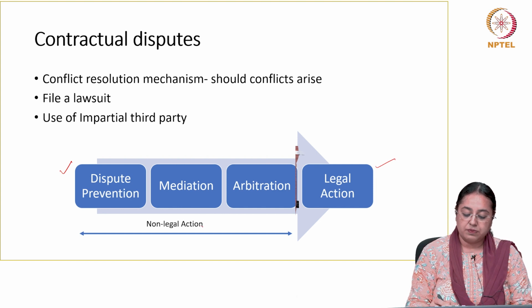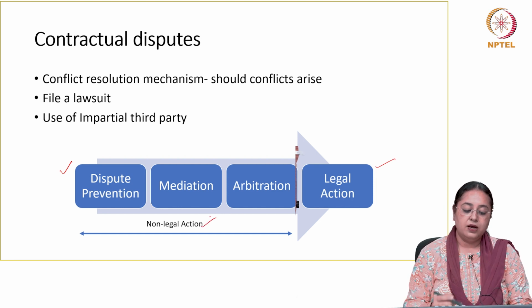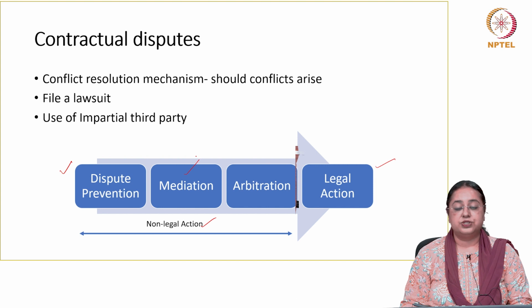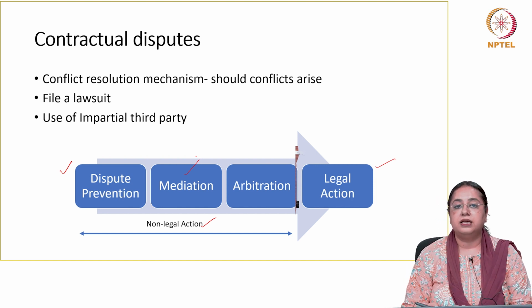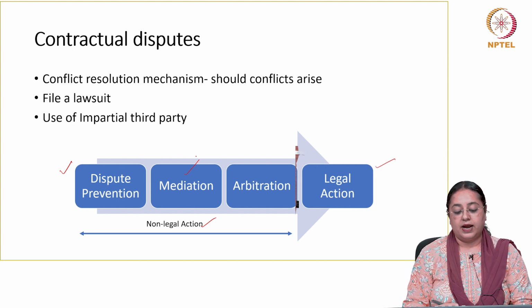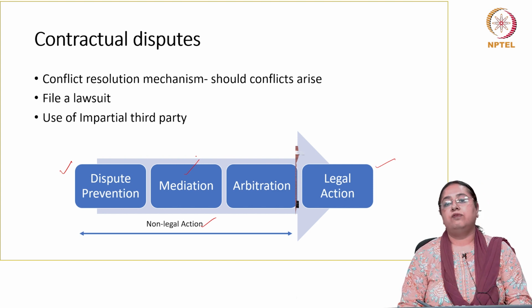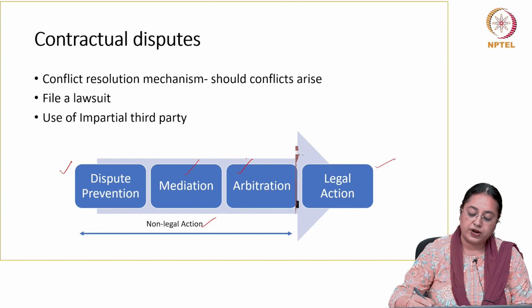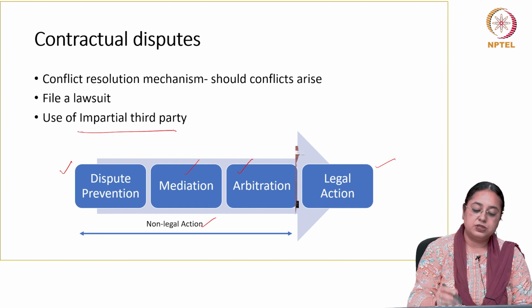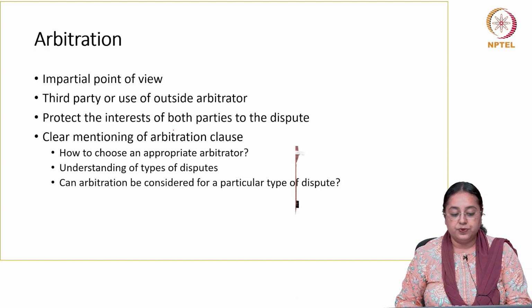But we have some non-legal actions, where we can take mediation, or request a third party to come. There can be different models companies can use to resolve the conflict, either using a third party, or going for arbitration where an impartial third party can be utilized.